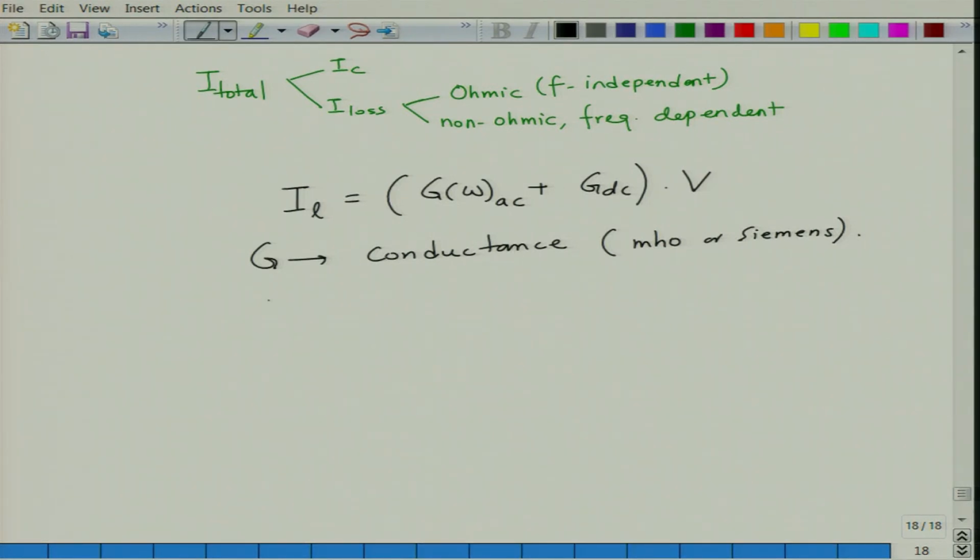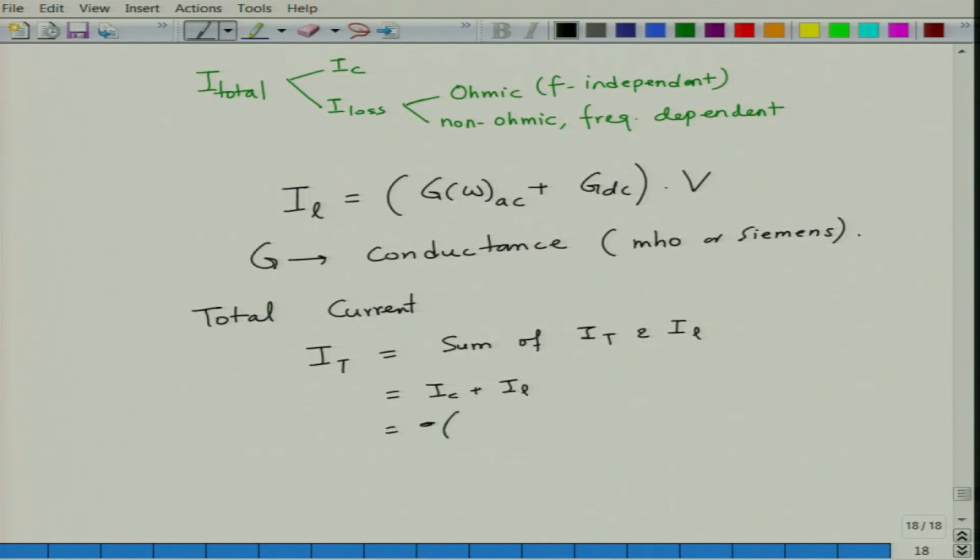So, the total current I T is the sum of charging and loss current, which is equal to I C plus I L. I C was I omega C plus, now, G omega AC plus G DC, into V.